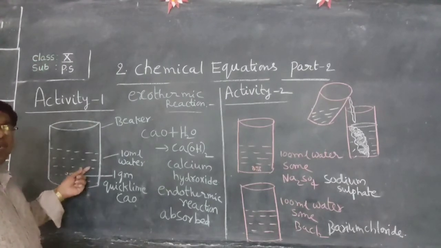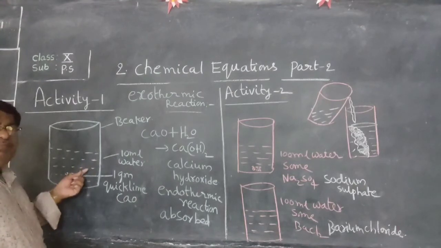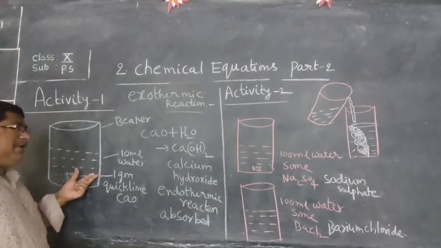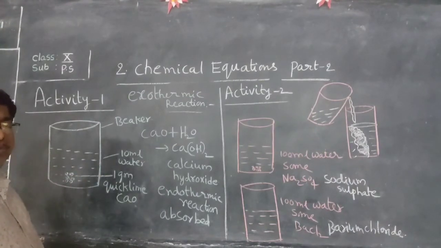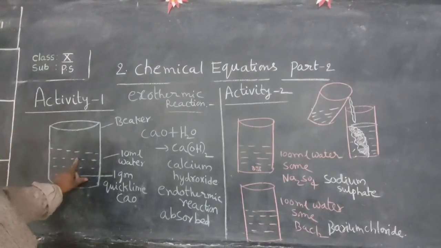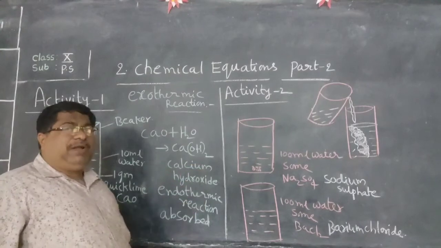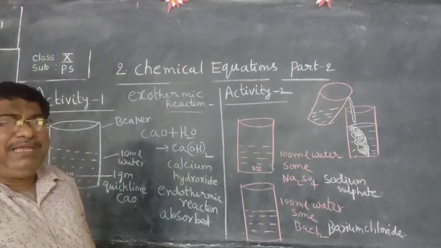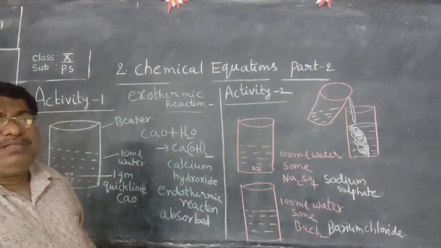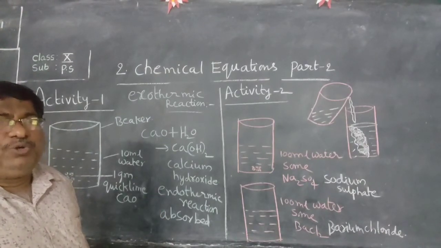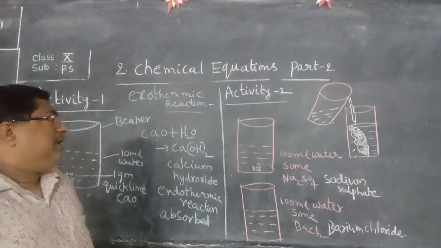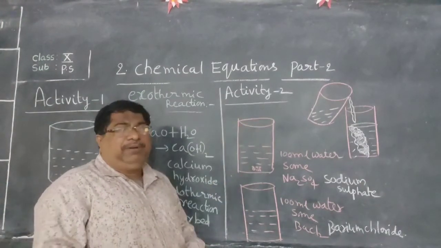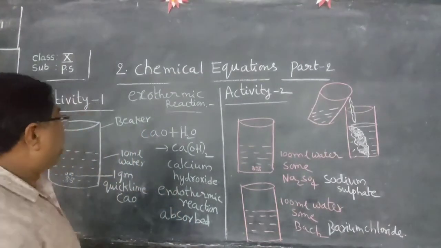Now, if we dip the red litmus paper in the solution, the red litmus paper turns blue. This means the calcium hydroxide solution is basic in nature, because the red litmus paper turned blue. Next, coming to activity number 2.